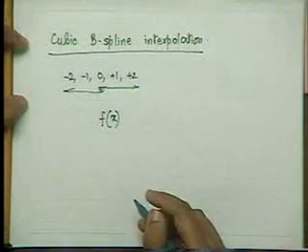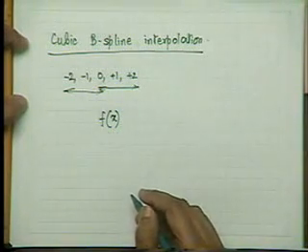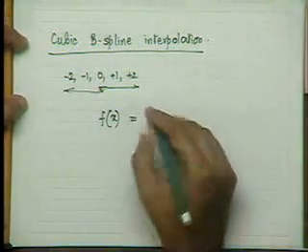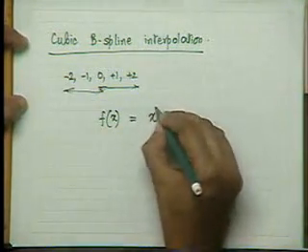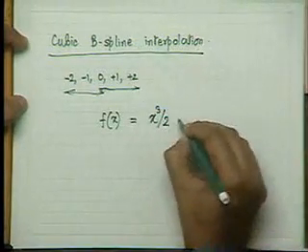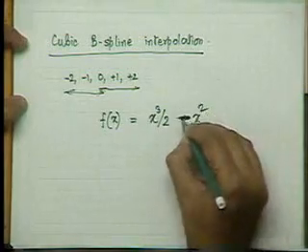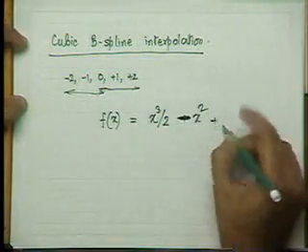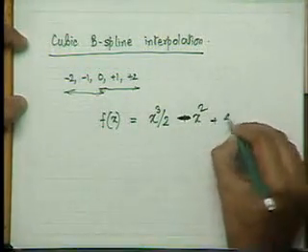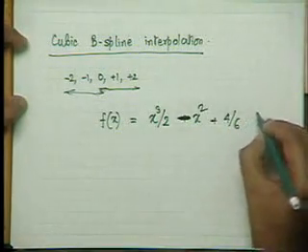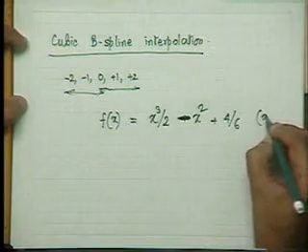Now from 0 to 2, the function can be closely approximated like this. If f(x) is the real function which we are interpolating, then f(x) is given by x cubed by 2 minus x squared plus 4 by 6. This is what we get for the range 0 to 1.